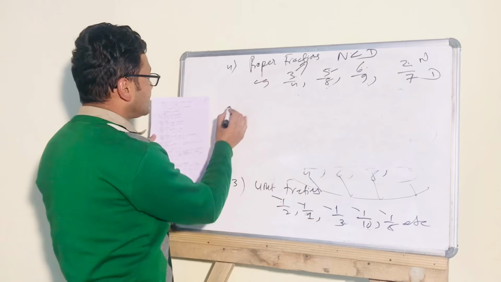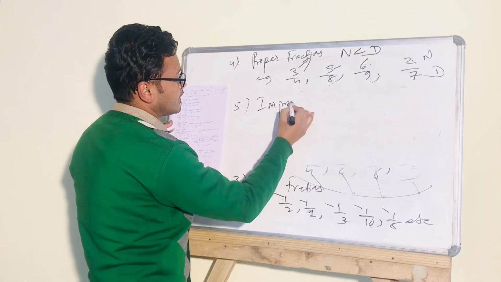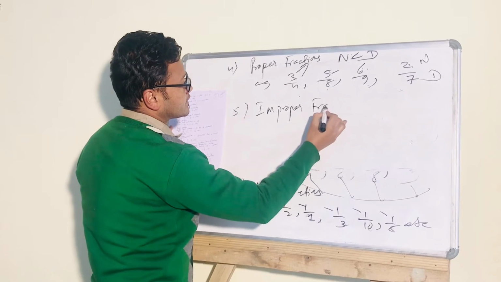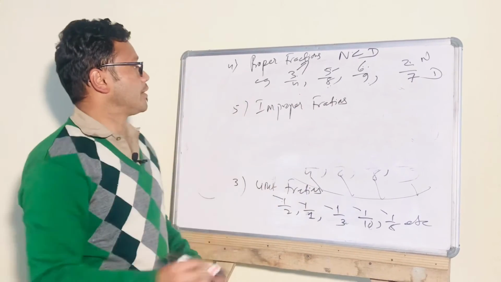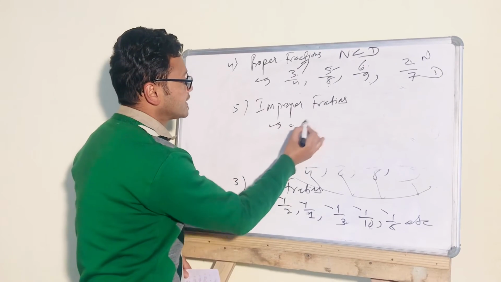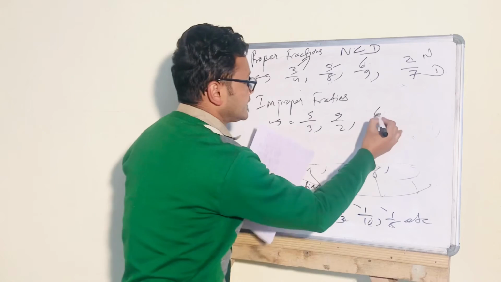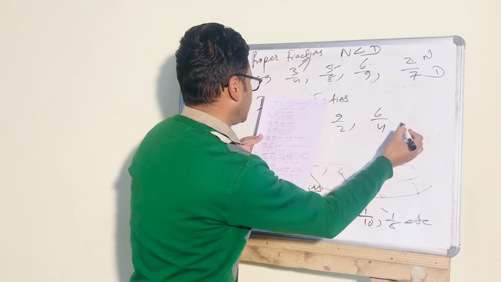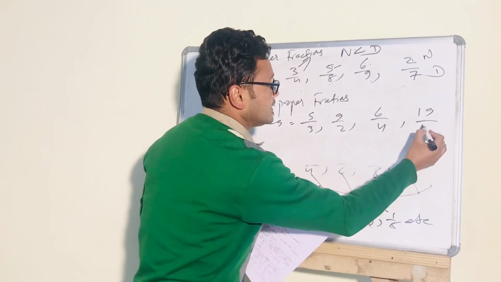Now number 5, improper fraction. Improper fractions means the opposite of proper fractions. Example: 5 by 3, 9 by 2, 6 by 4, then 19 by 18.